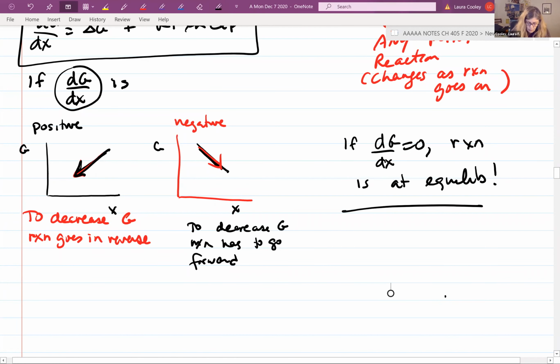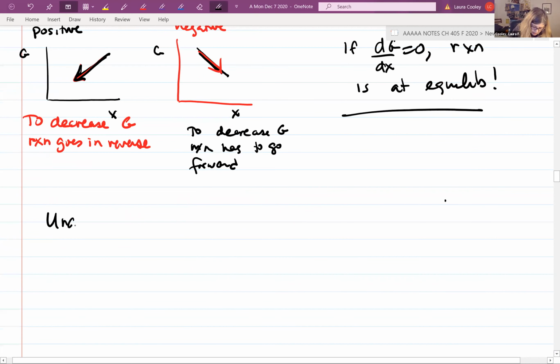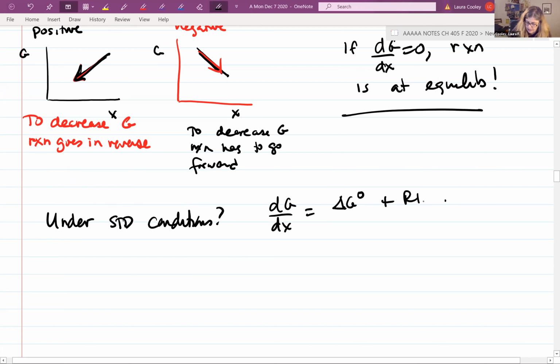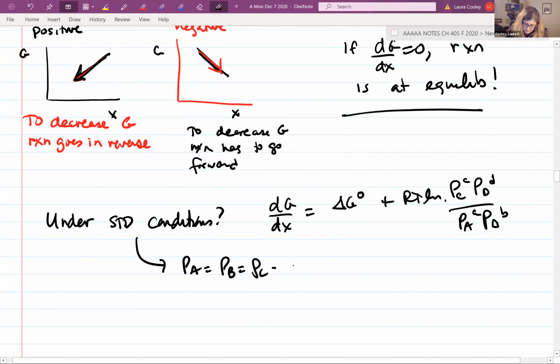And again, what happens under standard conditions? So here we have a much more complicated expression. But still, under standard conditions, all of these things equal 1.